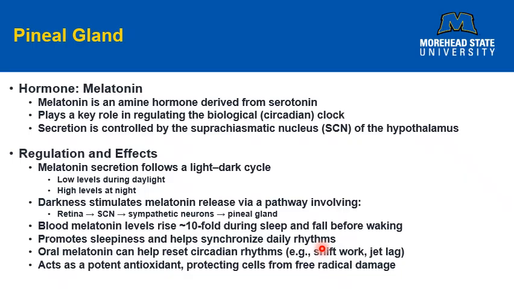And not only is it there to help with the changes between your light and dark cycle, which again we'll come back to with glucose and all the other pathways, but it can also help as an antioxidant. So it protects your cells from free radical damage, which can lead to DNA changes, destruction of cells, stuff like that.